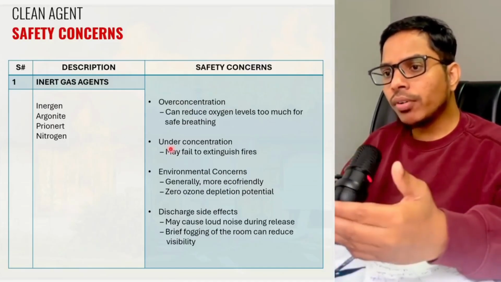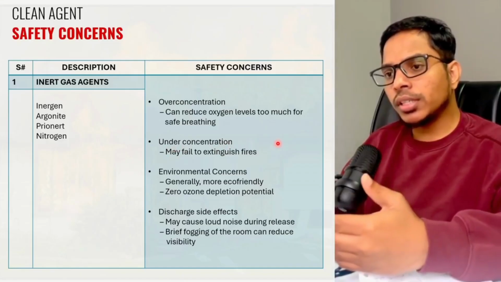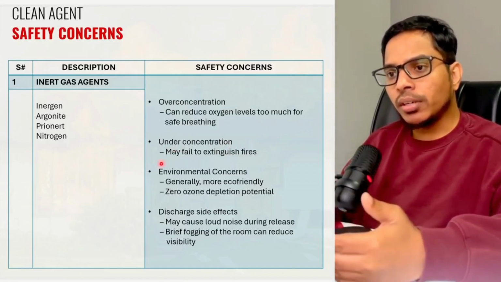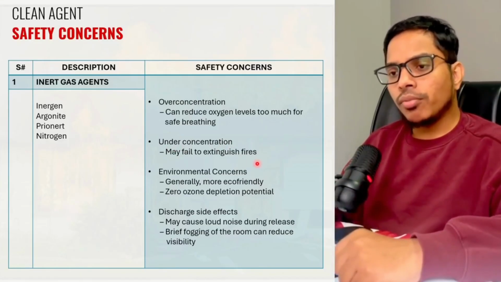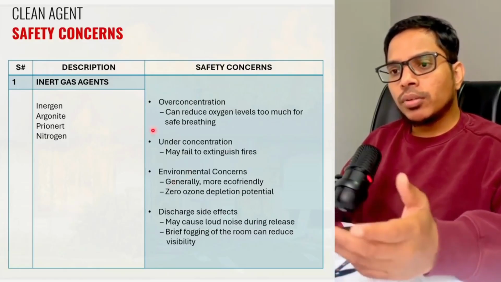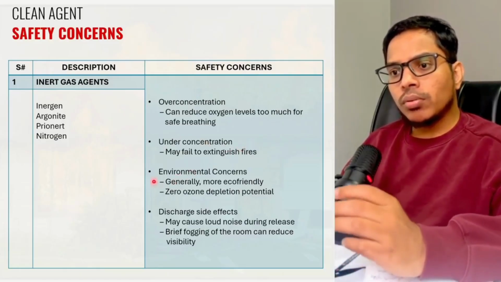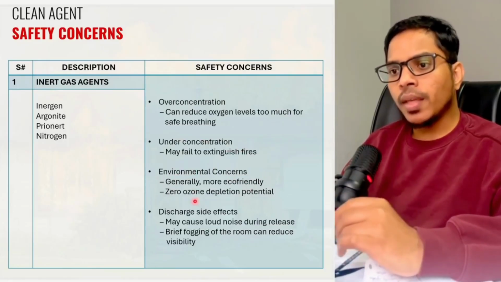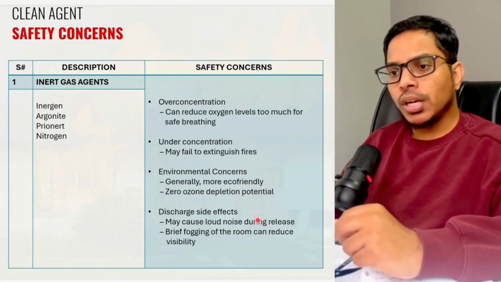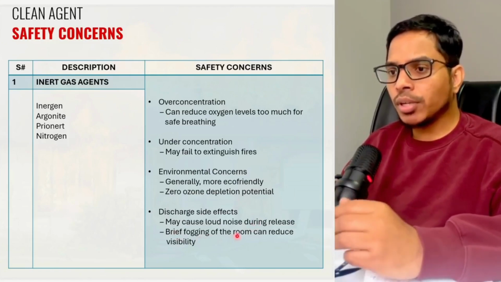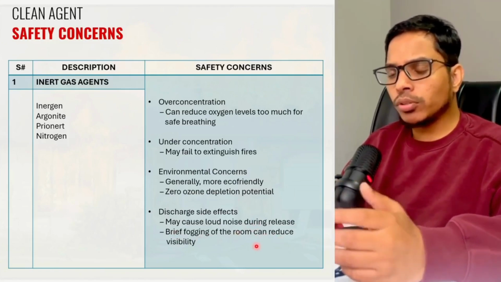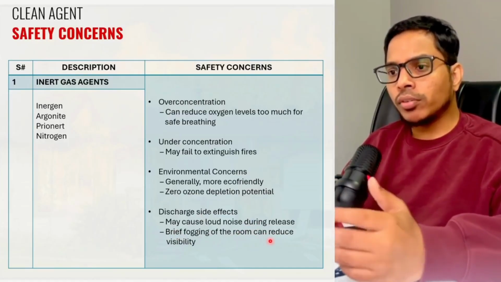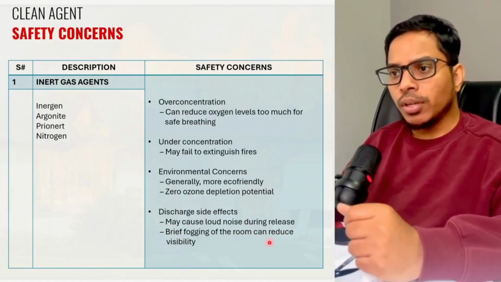So if we have selected the design concentration less than the requirement, then they may fail to extinguish fires, similar to the halocarbon agents. Regarding the environmental concerns, generally they are more eco-friendly, with zero ozone depletion potential, and the discharge side effects may cause loud noise during release because of the higher pressures. Brief fogging of the room can reduce visibility.